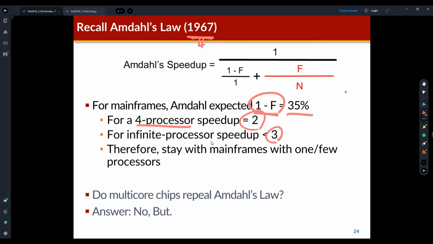So Amdahl's law says that multi-core is not necessary. It says it is very important to increase the performance of a single core, so applying multi-core is not a good idea. That's what Amdahl's law says.